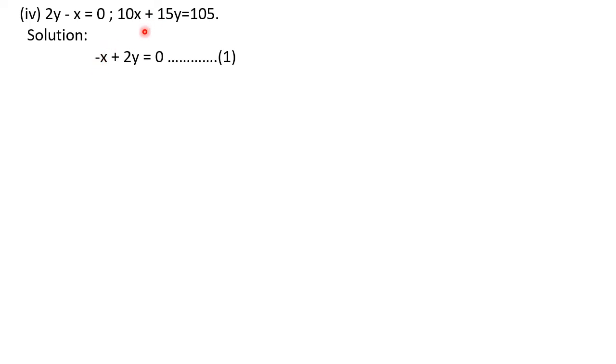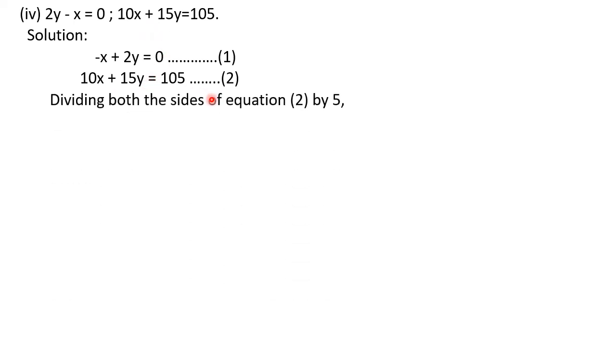Now equation number 2 is 10x plus 15y is equal to 105. But what we can observe here is that this equation we can divide by 5. See, all these numbers 10, 15 and 105 are divisible by 5. So let's divide it by 5 and simplify the equation.